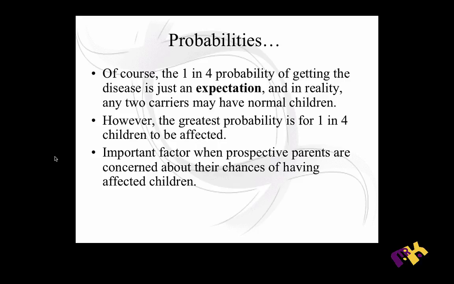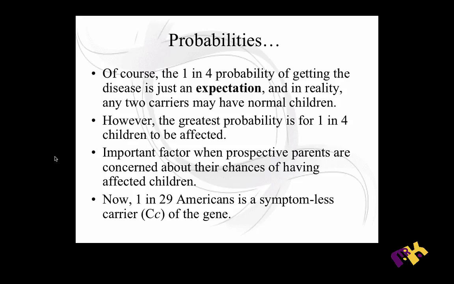So the reason that we might want to consider these probabilities is that if you're thinking about maybe starting a family, it might be nice to know the family lineage of different disorders. Because we know that there is a very strong genetic link between an individual and their overall health. So it's an important thing to know so you can prepare for what is a possibility. Currently, the most recent statistic is that 1 in 29 Americans is a symptomless carrier of cystic fibrosis.